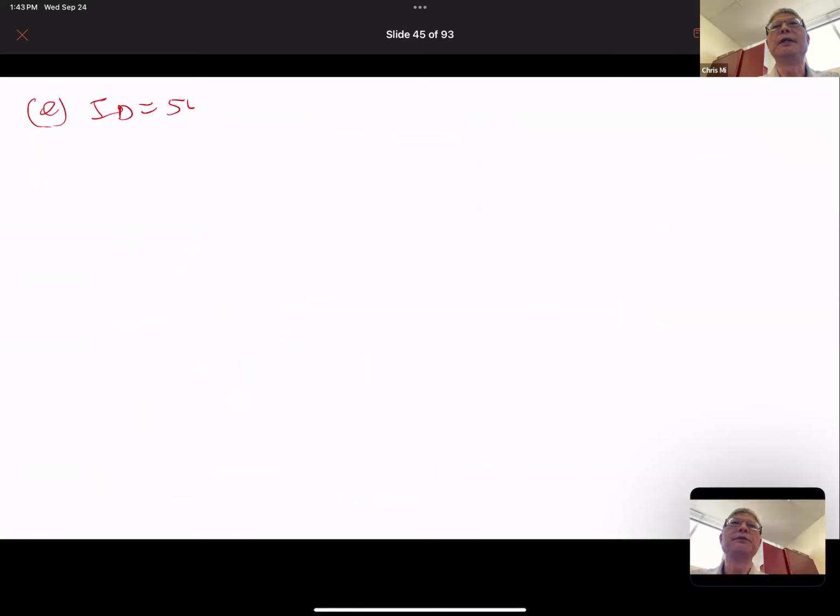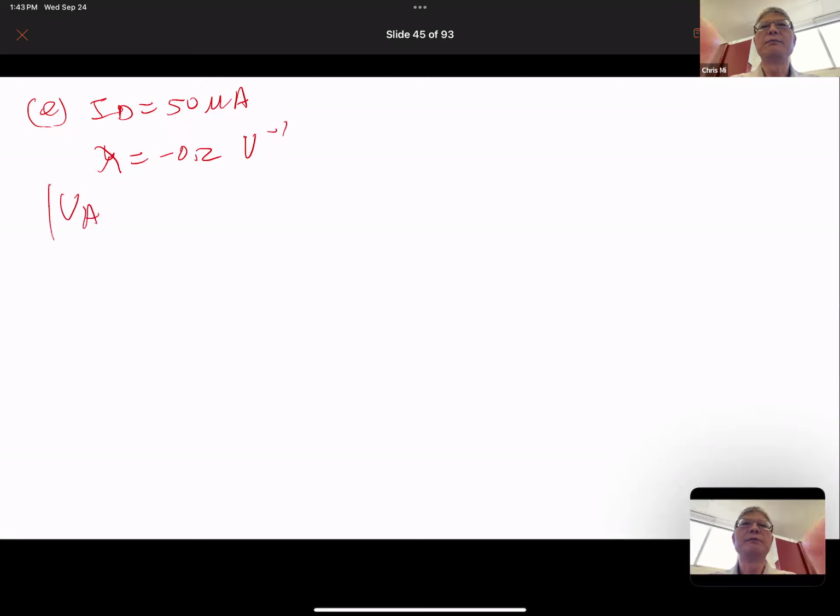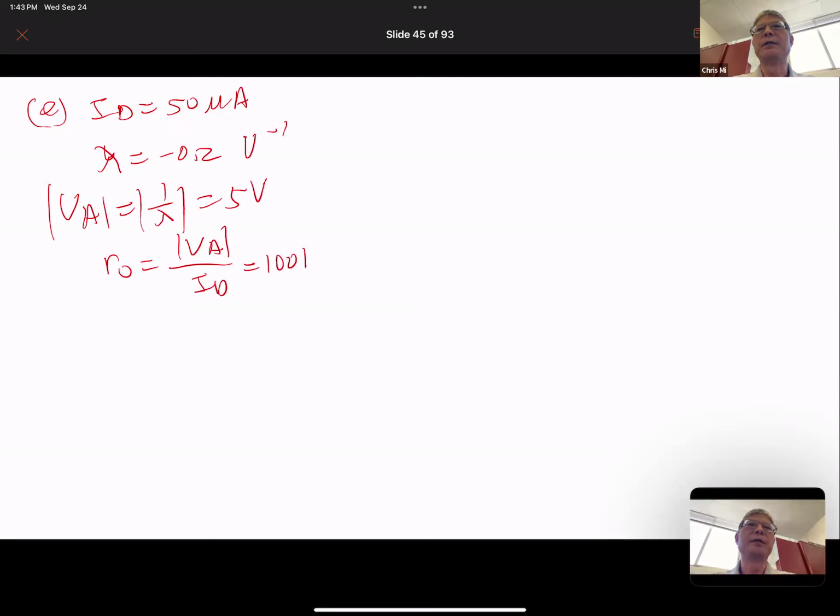Now we already found number E. So we can go to F, because E says ID is equal to 50 microamps, and lambda is equal to 0.2 per volt. So we got VA equal to 1 over lambda, which is 5 volts, and RO equal to VA over ID, that's 100 kilo ohms.